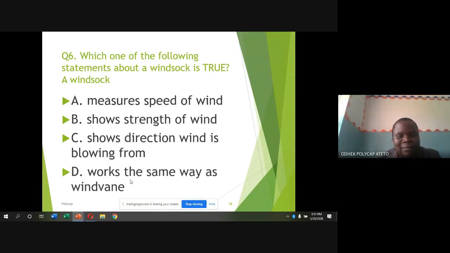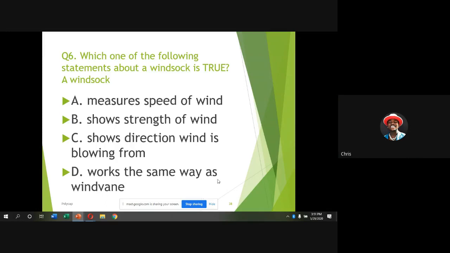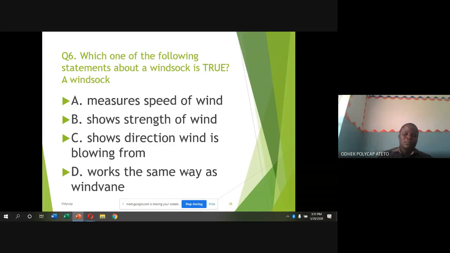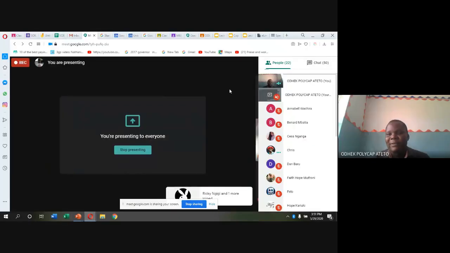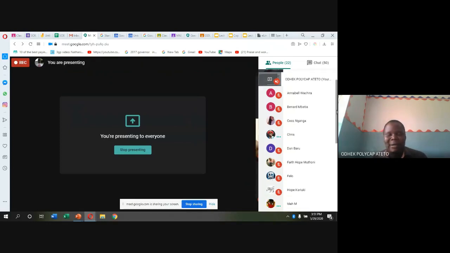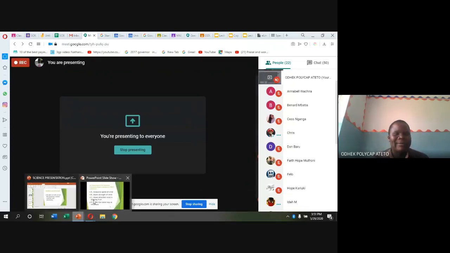Choice D works under the principle that air occupies space, but the other one works under the principle of air in motion. Is that correct? Yes. Okay, so they don't work the same way. That's correct. Annabelle, pick question number 7.